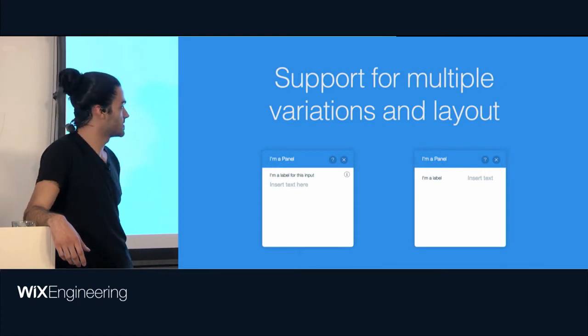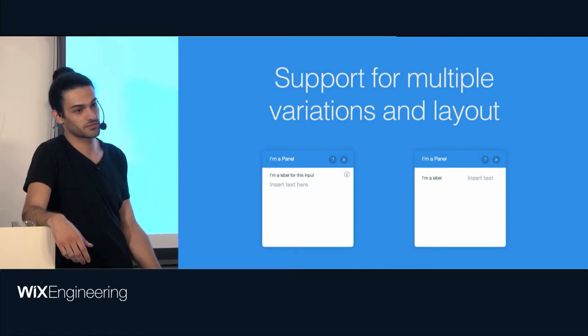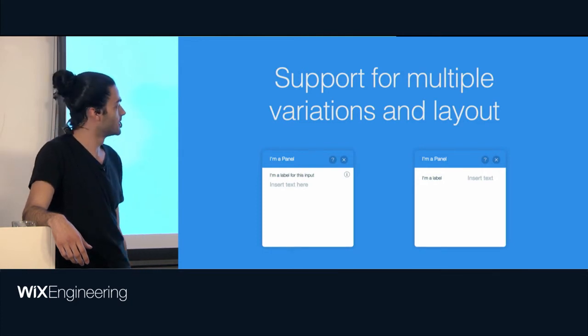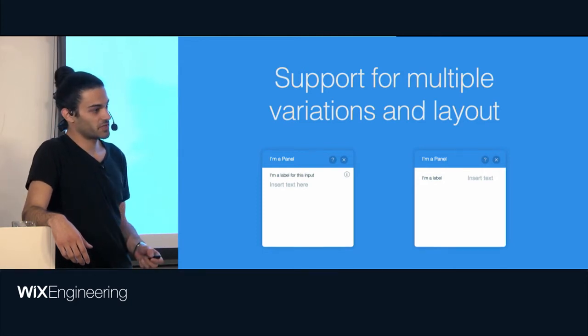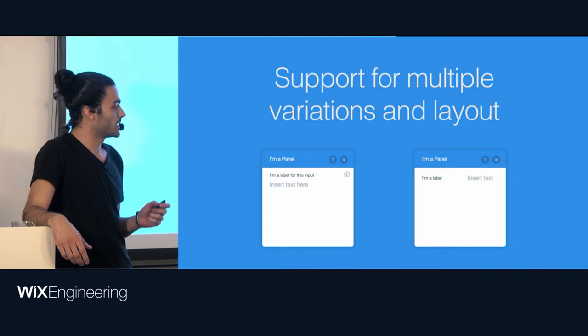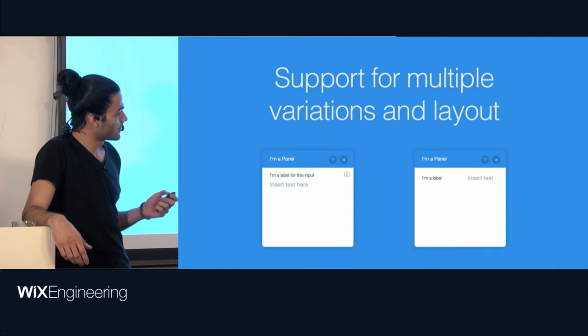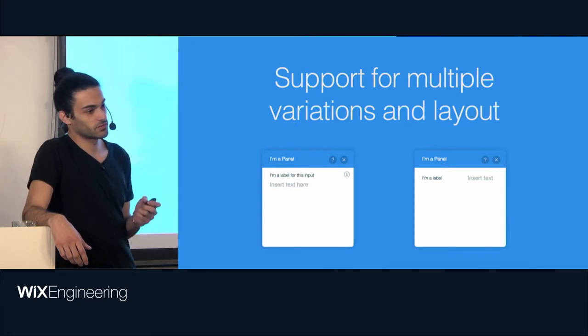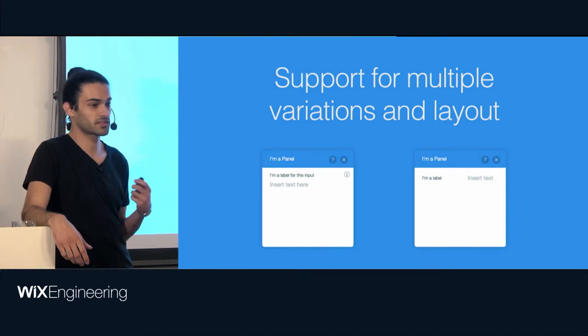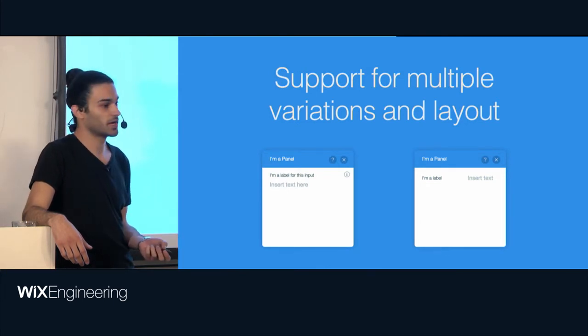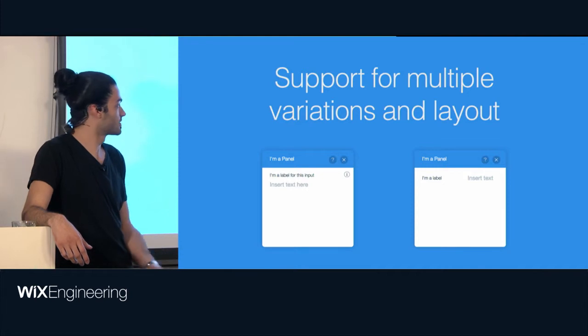The bad is just using class names, multiple class names for multiple variations of layout. And this is very fragile and also really hard to maintain. And moreover, it's not transparent to whoever's using the class name, because you don't know, does your class name support the info icon, doesn't it have it?